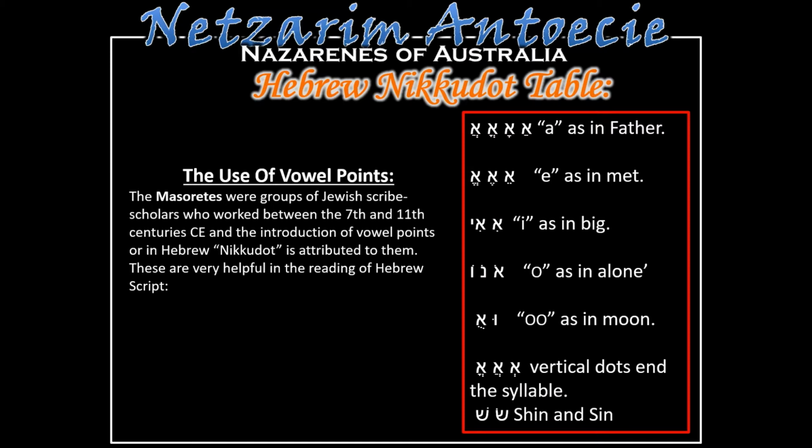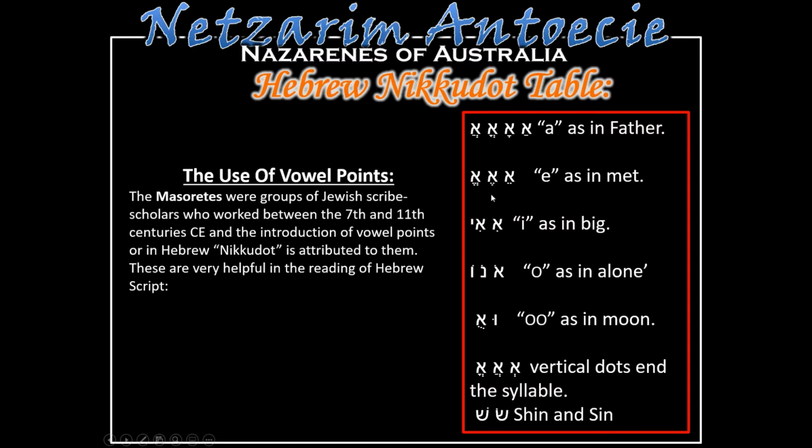These are extremely helpful in the reading of the Hebrew script, and I've given you a chart which helps a lot. When we see a mark like we see here under the first letter, which is an aleph, that stroke or that stroke, it gives us an A sound, as in father.